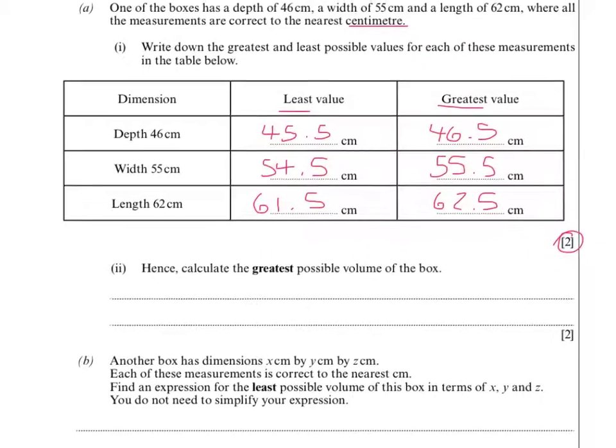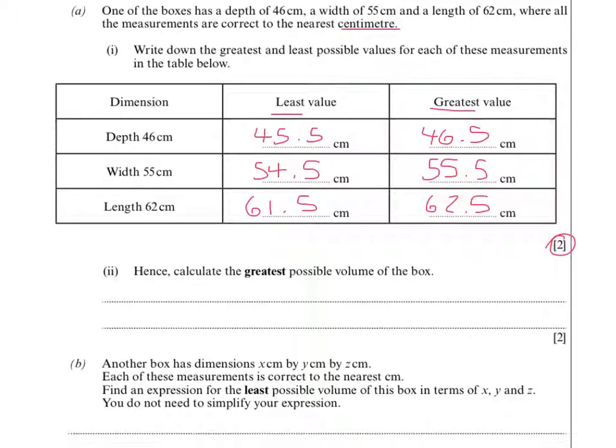Now it then says that we need to hence, so hence means using something from part A, calculate the greatest possible volume of the box. So the greatest possible volume of the box, the volume of a cuboid, we know is our width times our length times our depth, or height you might have heard before.